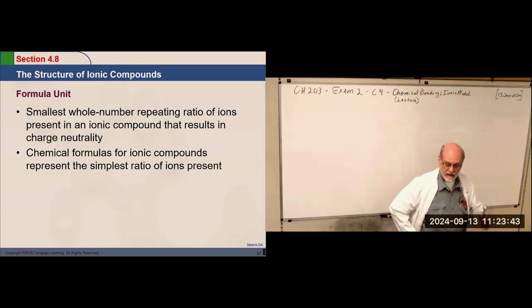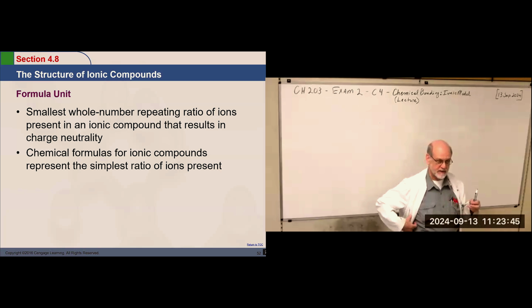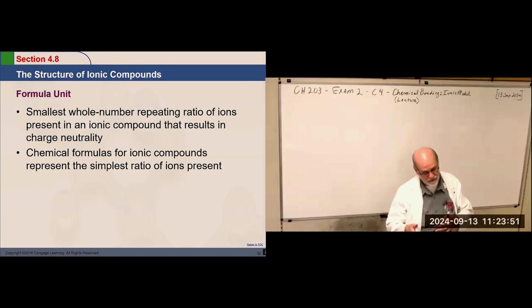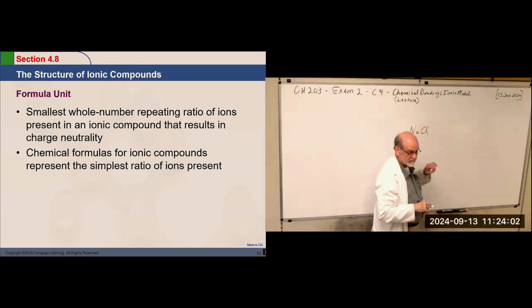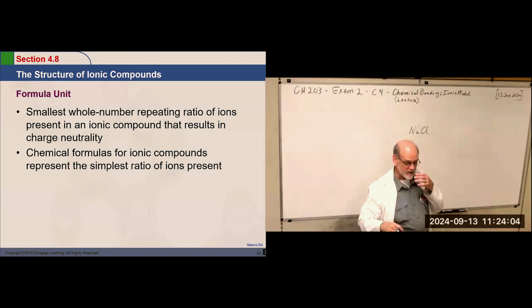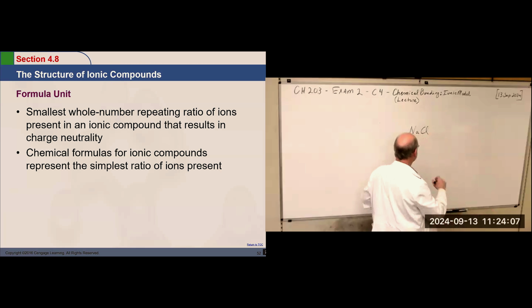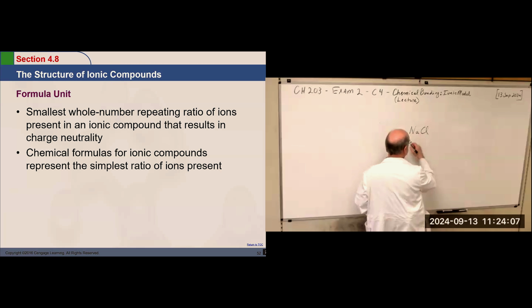Okay. Because the ratio of sodium ions to chloride ions is 1-to-1, that's why we write them like this. But they don't behave as a single unit like that, right? They have that big crystal. So depending on the size of the crystal, it could be sodium to the billion, chloride to the billion, something like that, or even bigger.